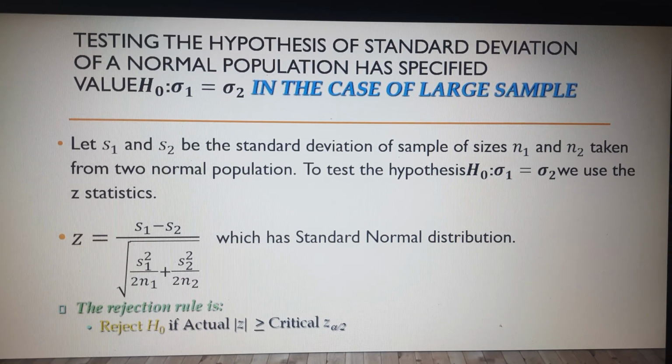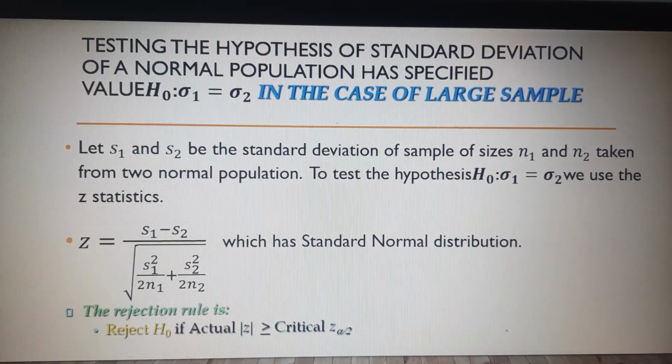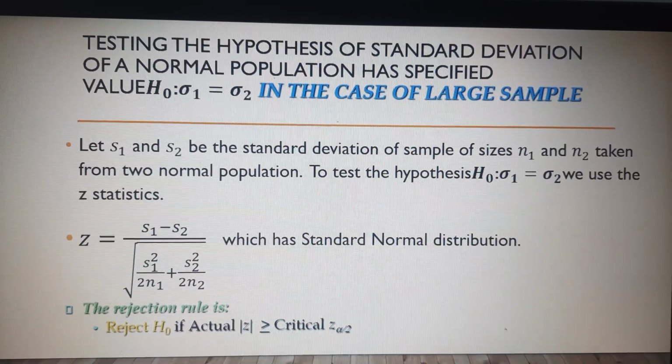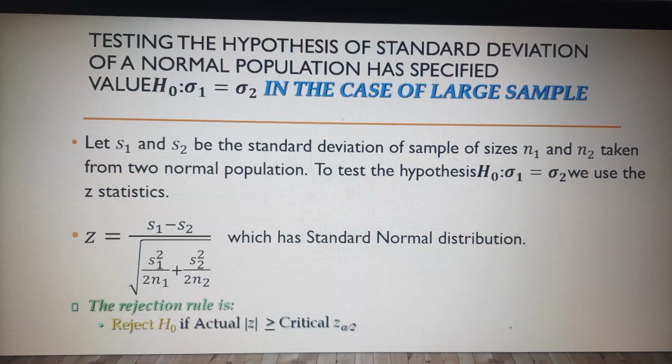Finally, for the large sample case, to test sigma 1 equal to sigma 2, we take two samples of size n1 and n2 from the given two normal population, and let S1 and S2 be the standard deviation of the samples.